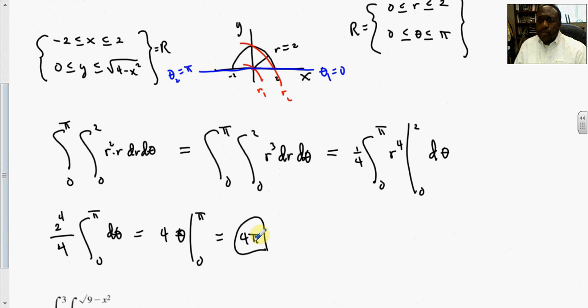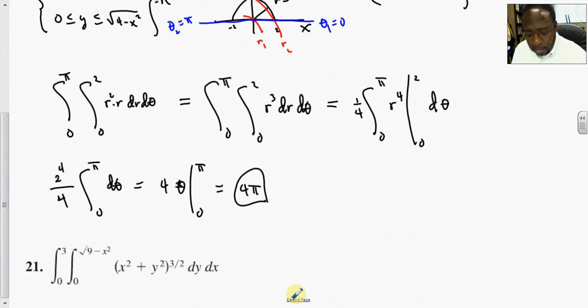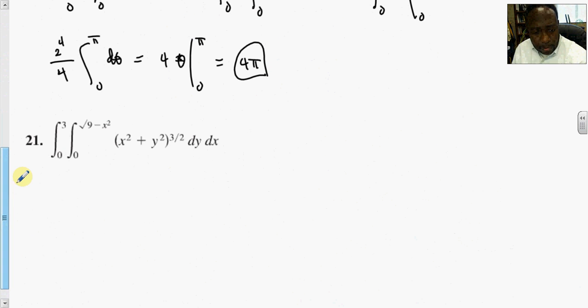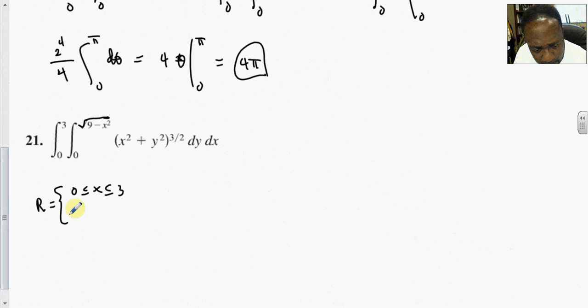Okay? Let's look at one more. This square root is across there. So y is bounded here, below and above, and then x is bounded from 0 to 3.